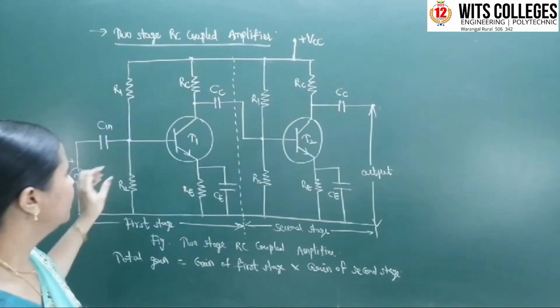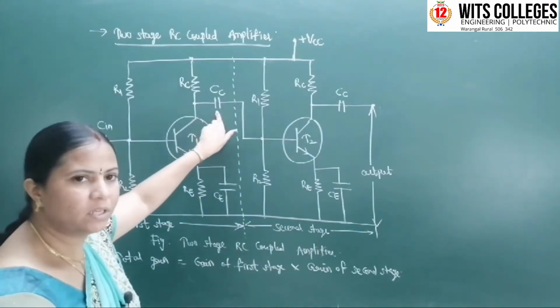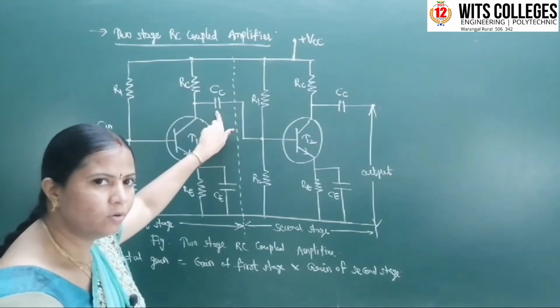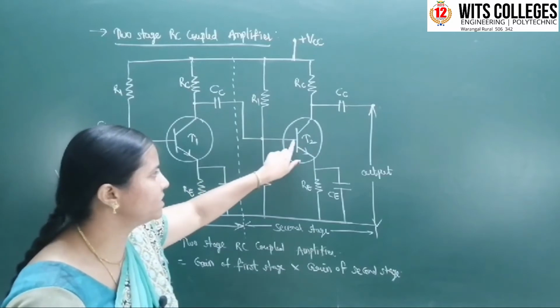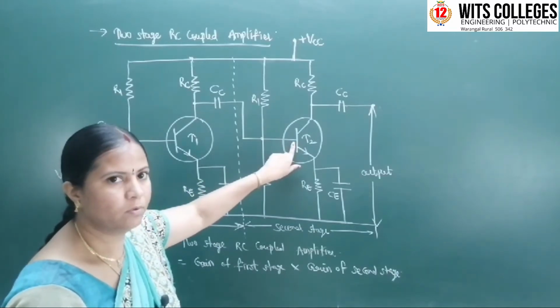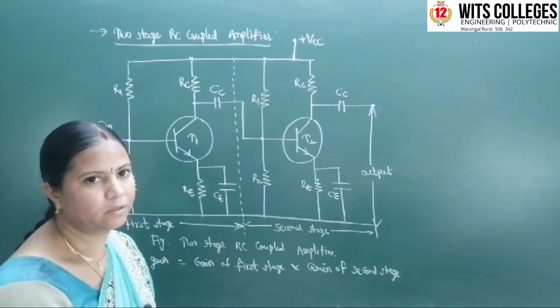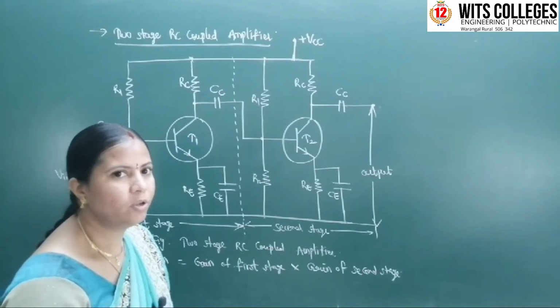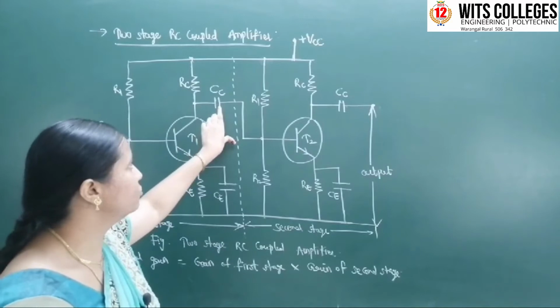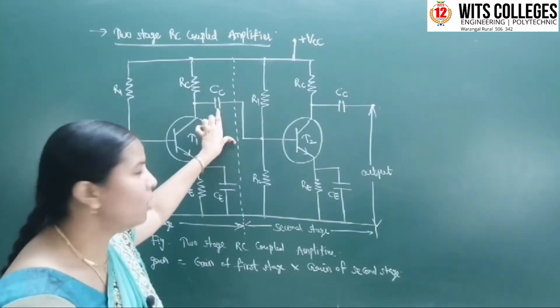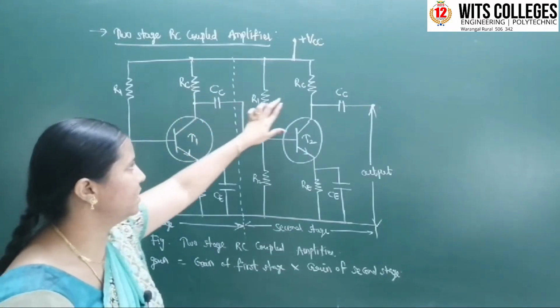Here the coupling capacitor CC is used to connect the output of the first stage to the input of the second stage. The coupling is done by using the capacitor C along with the shunt resistors RC.